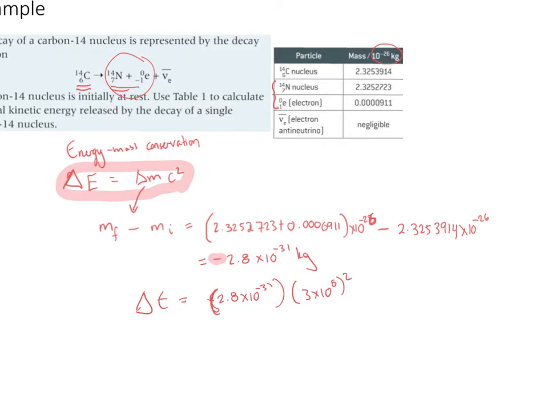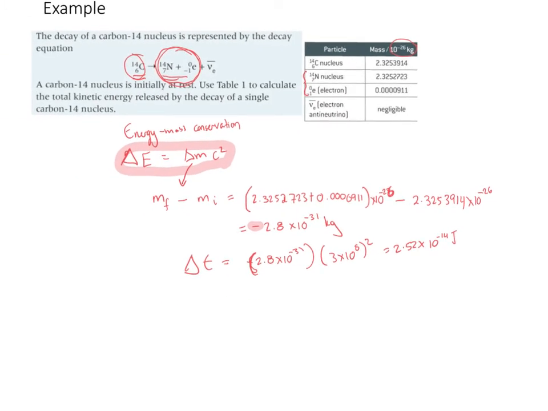That should give you an answer of 2.52 times 10 to the minus 14 joules. So once again, we are considering the final mass and the mass before. We get the change in that, so we can find the total kinetic energy released during this decay process. And the fact that we got a negative sign means that the energy is being released and not absorbed to cause the decay.